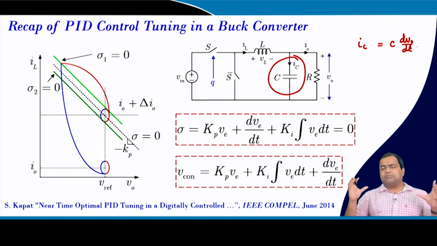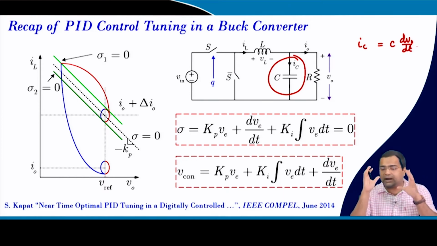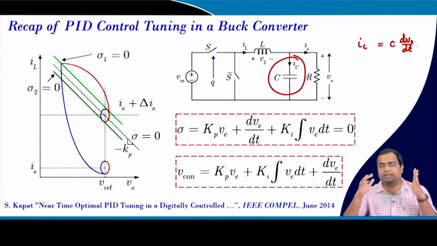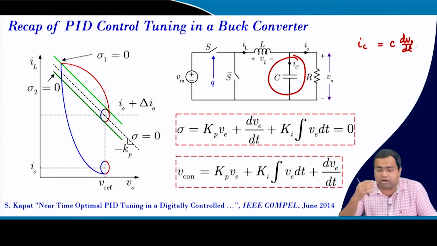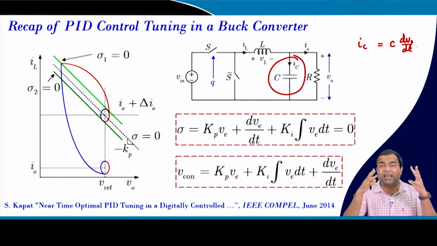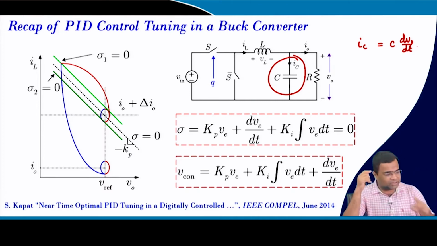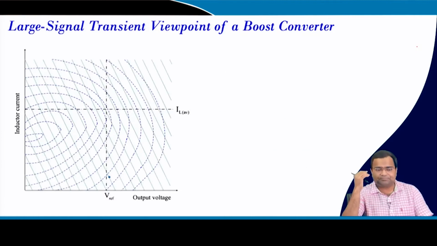So, there is no problem, we can frame it into a PID controller. But in a boost converter the capacitor current is discontinuous. During on time it is simply minus of the load current and during off time it is IL minus I0. So, it is not in the form of voltage. So, we will call it a PI controller with current mode control rather than a PID controller.